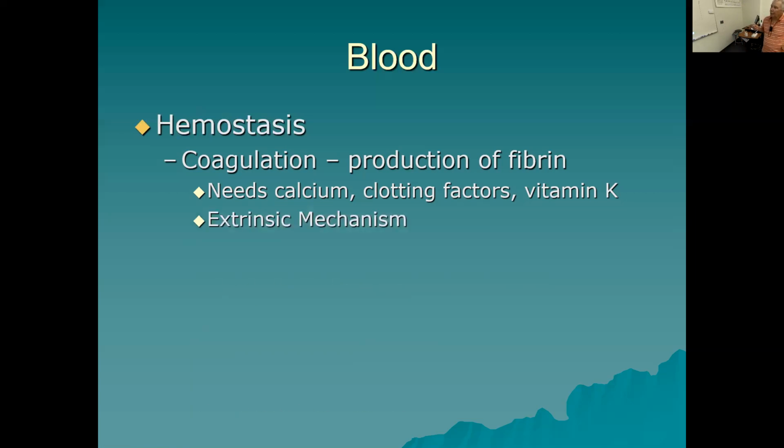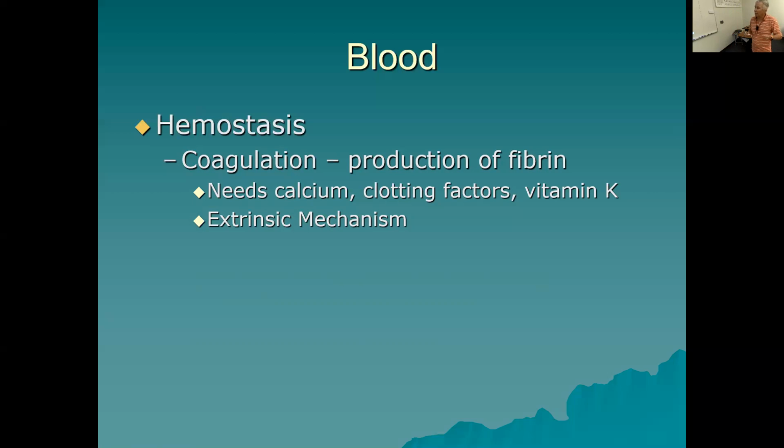There's an extrinsic and intrinsic mechanism. Extrinsic means it's outside of the cardiovascular system. And there are chemicals that are released by damaged cells, like in connective tissue and skin cells.